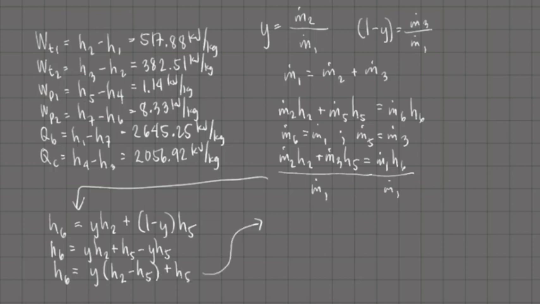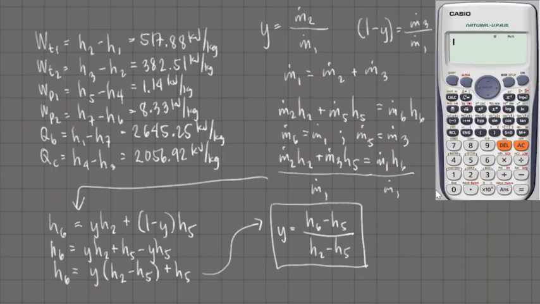Rearranging, we now have the final form of the equation. Y is equal to H6 minus H5 over H2 minus H5. This equation applies to all regenerative Rankine cycles with an open feed water heater. This will not apply to the closed feed water heater. Okay?